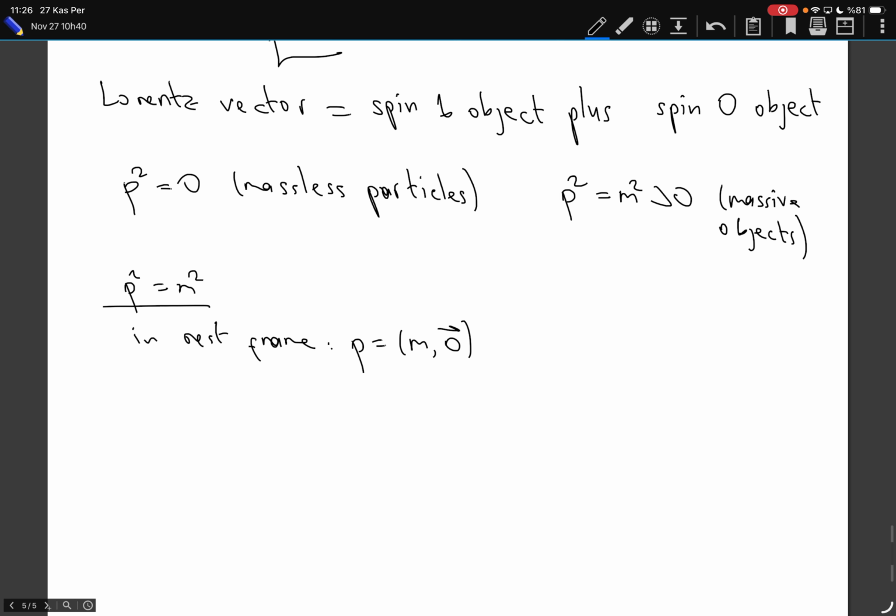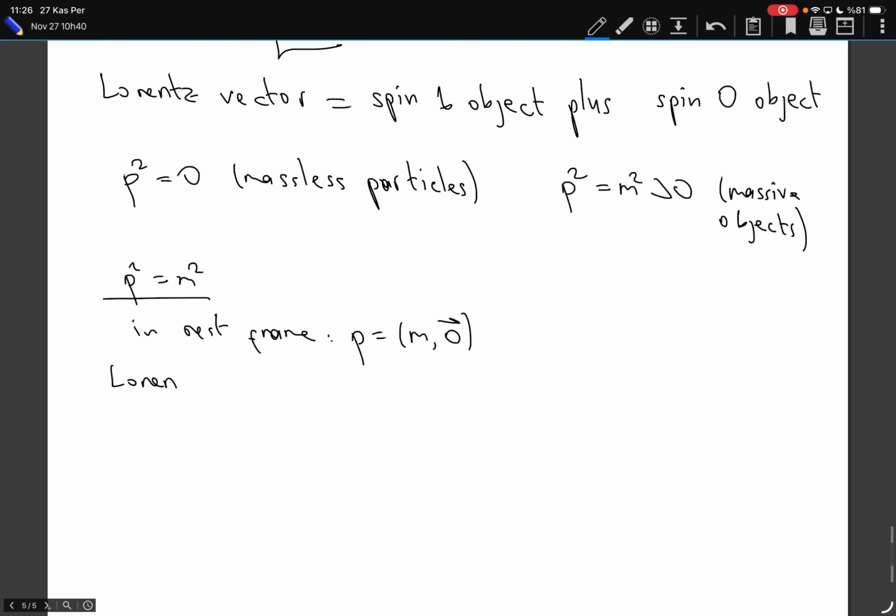In an arbitrary reference frame, I can consider Lorentz transformations that leave P invariant.